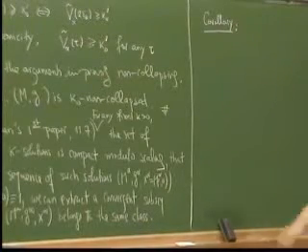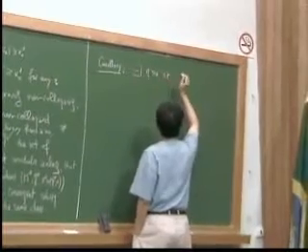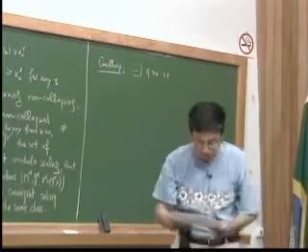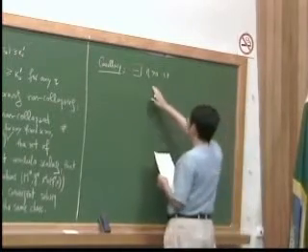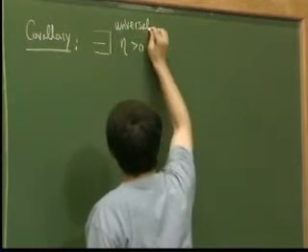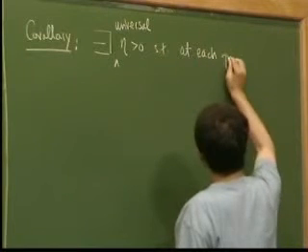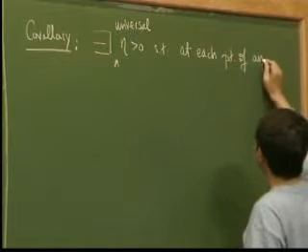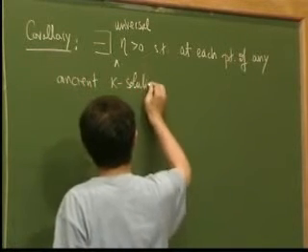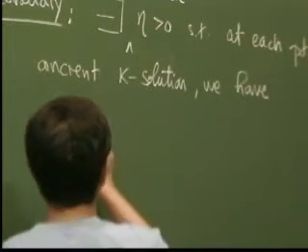There is a uniform constant eta, which can only depend on dimension, so maybe I will emphasize this is a universal constant, such that at each point of any ancient kappa solution, we have the estimate. So this is a kind of regularity estimate.